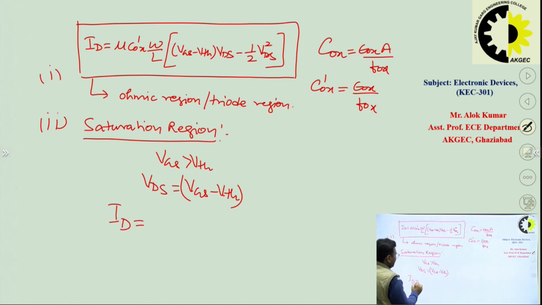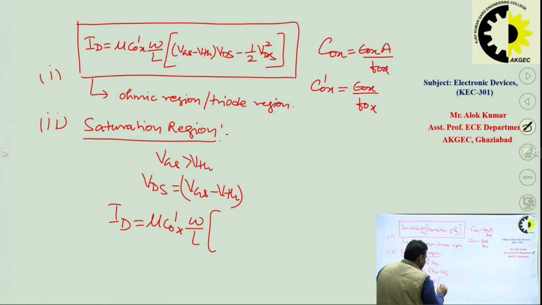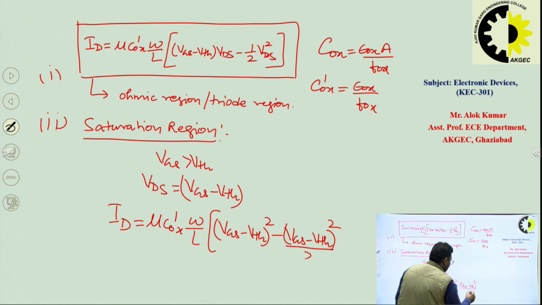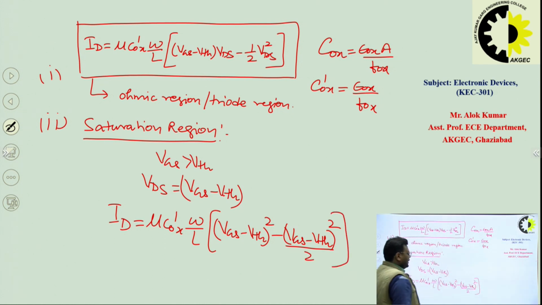So ID will be mu into COX prime into W by L into VGS minus VTH whole square minus VGS minus VTH whole square divided by 2, right.